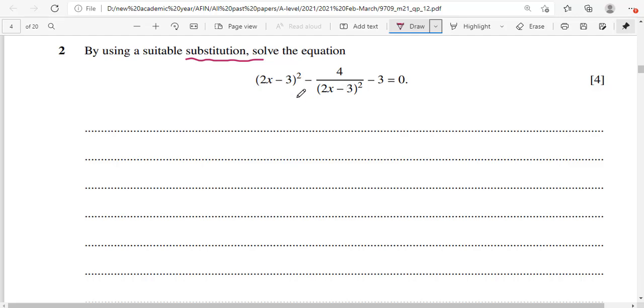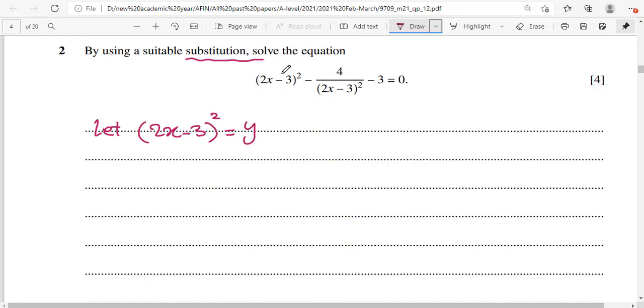made the equation hard. So let's let 2x minus 3 squared equal to y. We can do it without the square. We can do it with the square. Okay? Both lead to the same answer. Why I write the square with it?